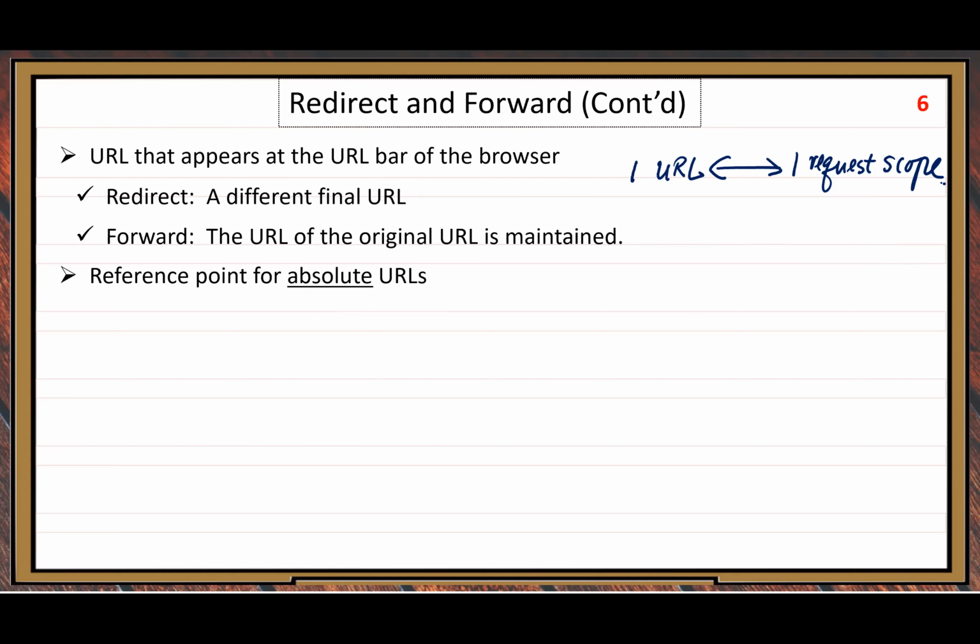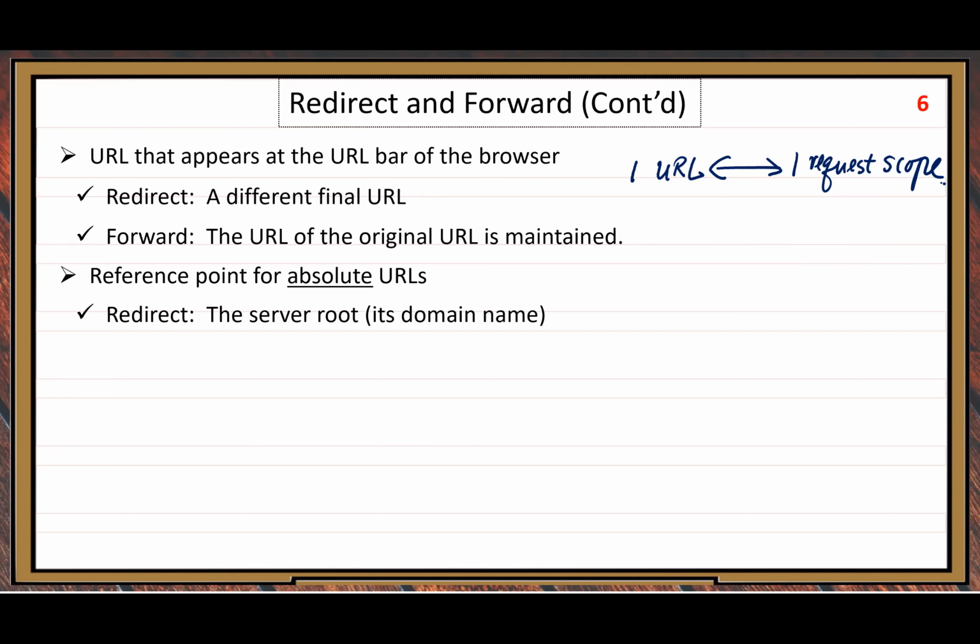If we just use our intuitions, it's pretty easy. But for absolute URLs, you need to have a starting point, right? Absolute URL, the starting point is not the current URL location. It's some new starting place. So that part is a little hard to understand.